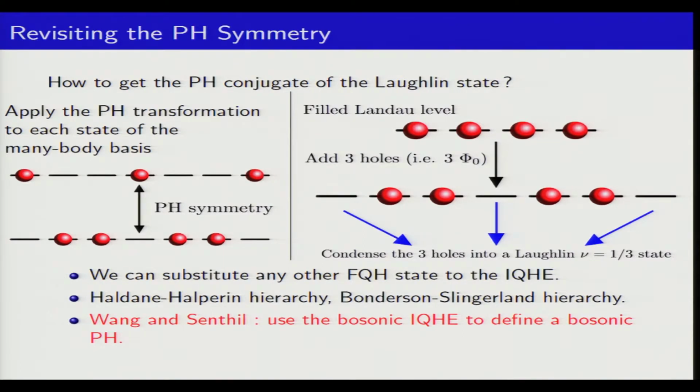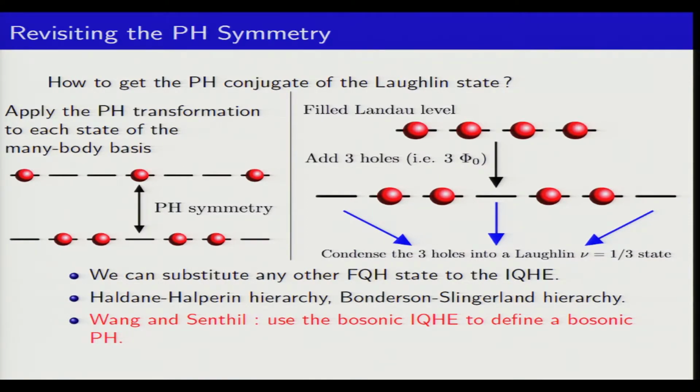We know exactly, if you have one state in your many-body basis, just the occupation numbers, you know how to conjugate it by the particle-hole symmetry. So in principle, you're able to do that for the full state. But you see, it deeply relies on the notion of fermions, because you really switch from one occupied orbital to an empty one.